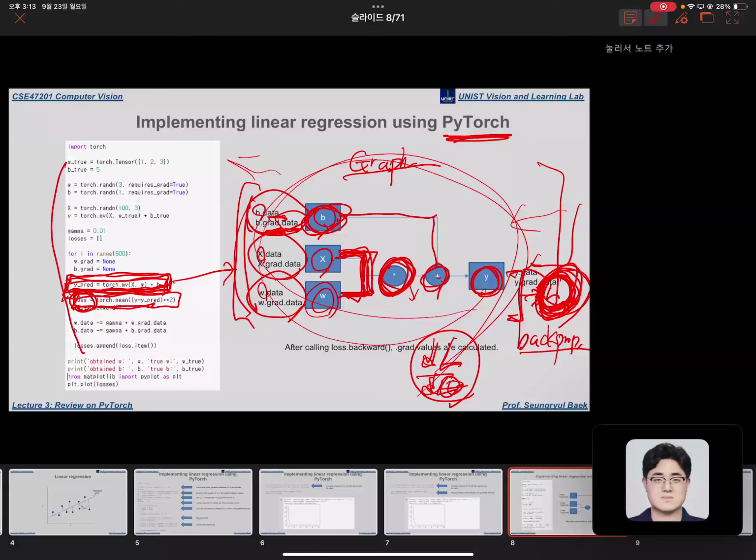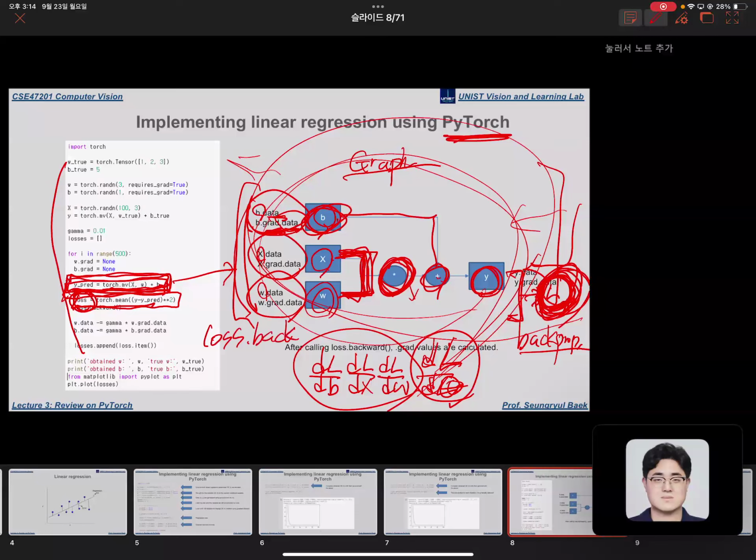So in that way, we can calculate all of these gradients. And for each individual gradient, we can apply an automatic gradient calculation algorithm, which is the same for all the forward functions. This kind of gradient calculation happens when we call the loss dot backward function.